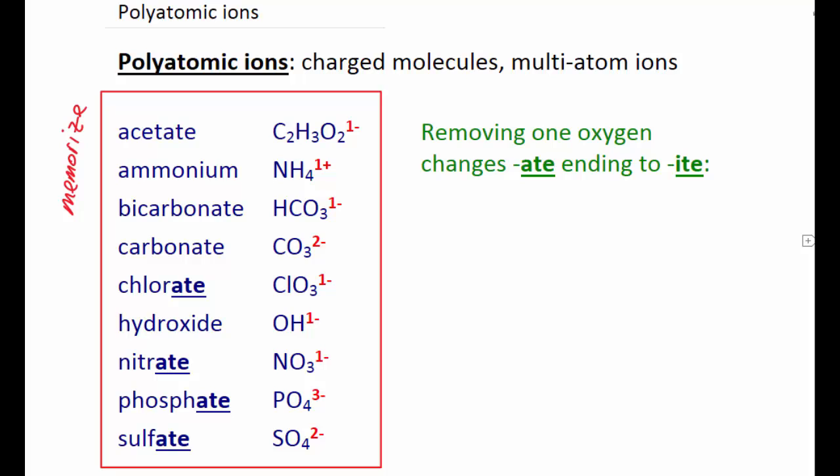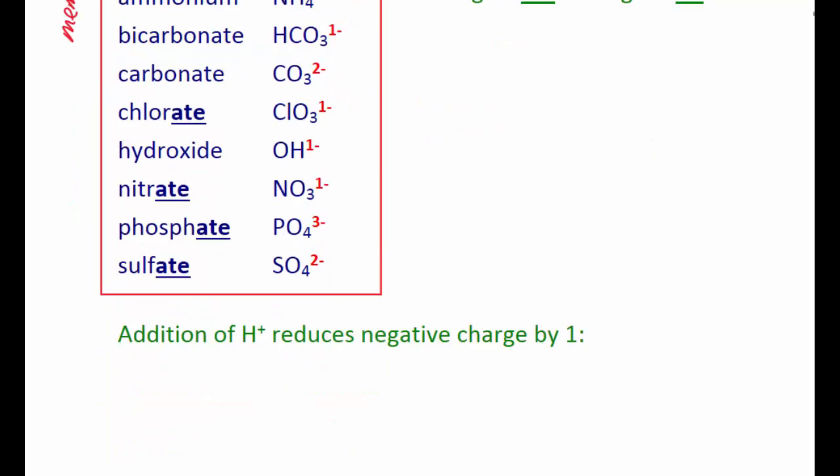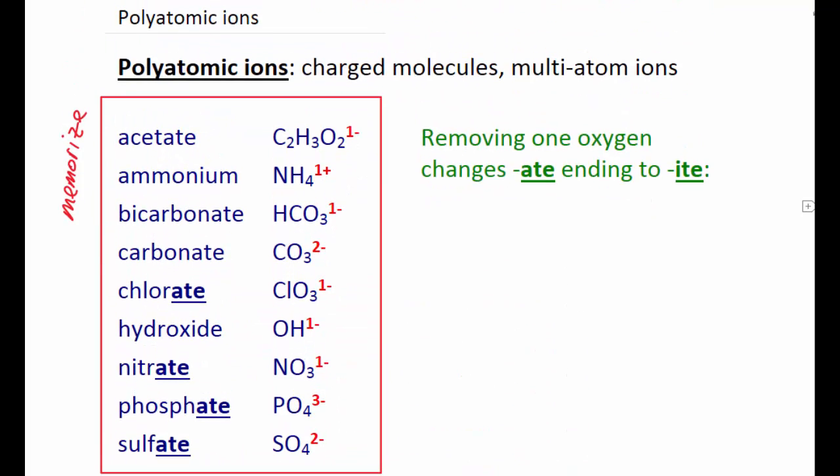Because some -ates have 3 oxygens, some -ates have 4 oxygens. You know, there's phosphate and sulfate compared to carbonate, chlorate, nitrate. Acetate is totally different. So you do kind of have to memorize how many oxygens each of those has.